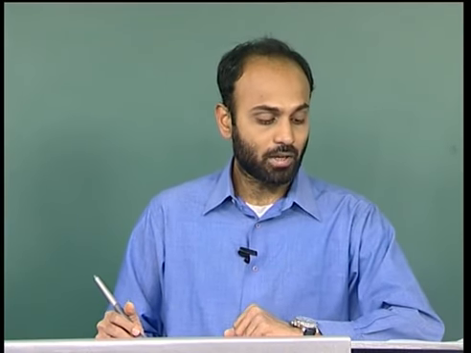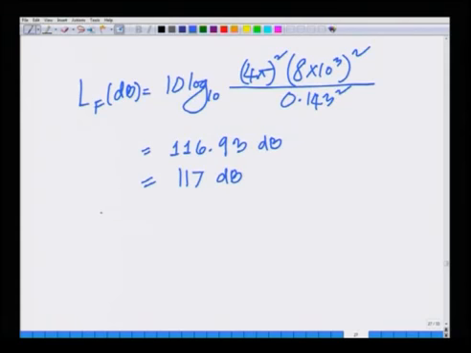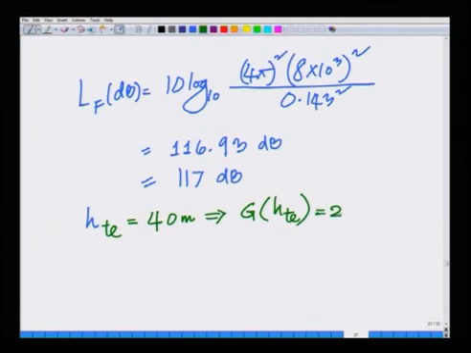First, we have to look at the transmit antenna height gain factor, that is H T E. We are given that the transmit antenna height H T E equals 40 meters, which implies G of H T E is 20 log 40 divided by 200 equals minus 14 dB.